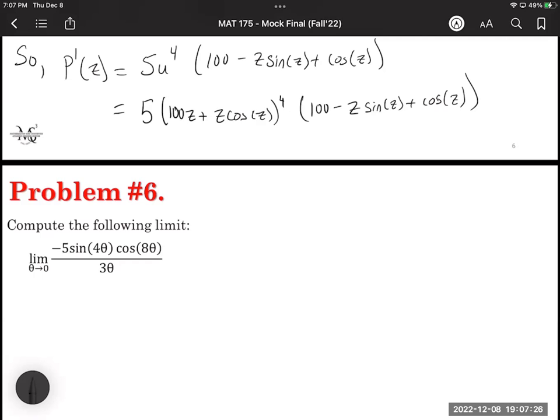There was a special limit that you've learned earlier on in the semester.